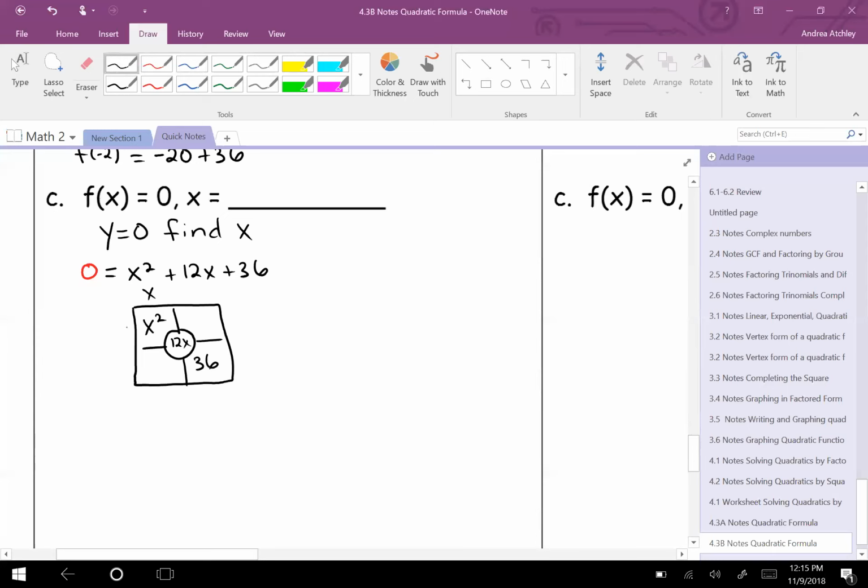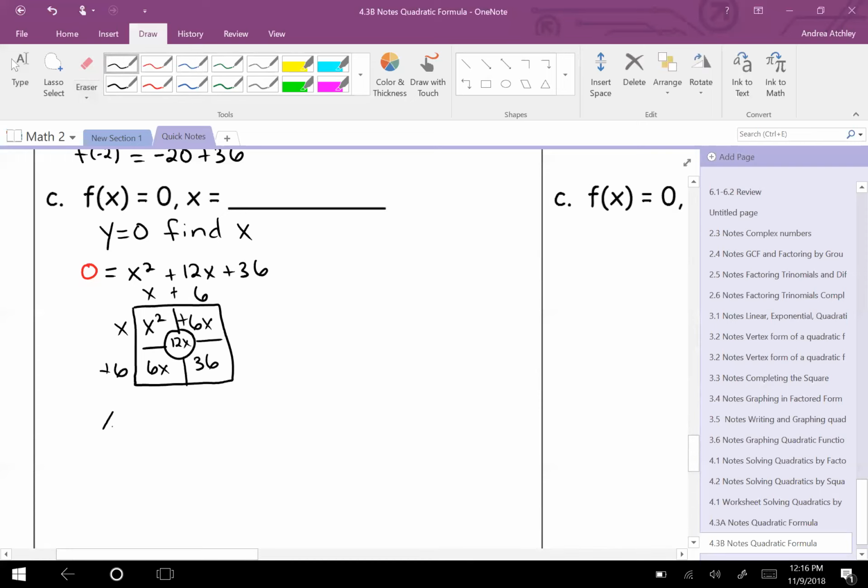Okay, so x and x. What multiplies to 36, class? 6 and 6. So this is 6x, this is 6x. We're going to add.